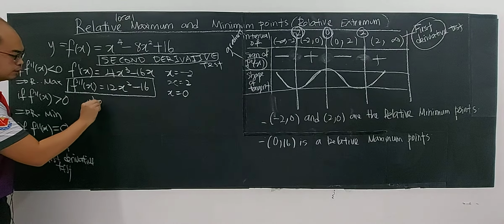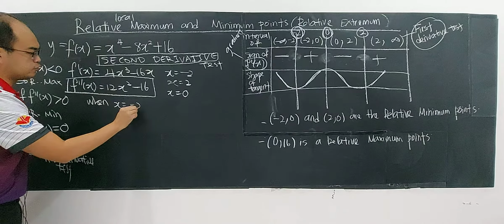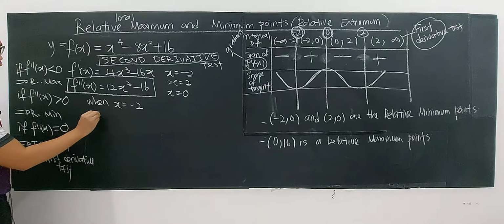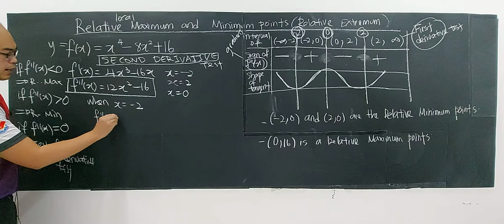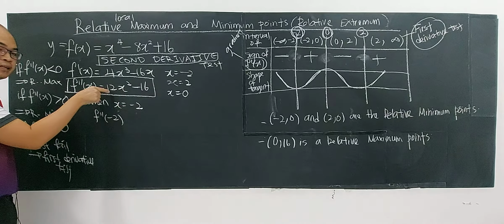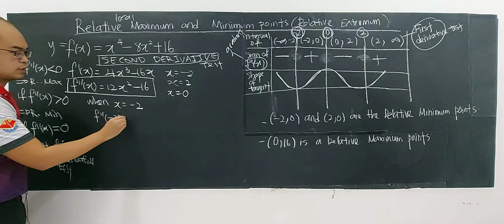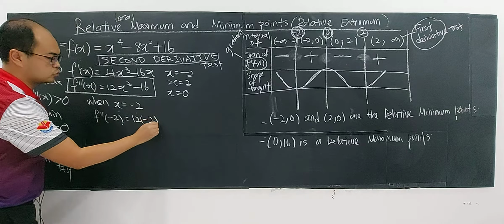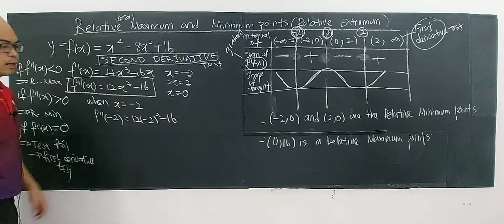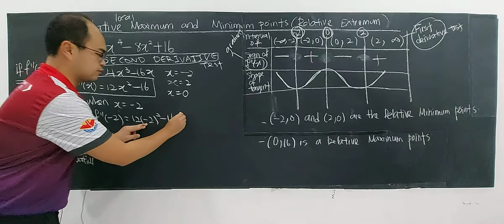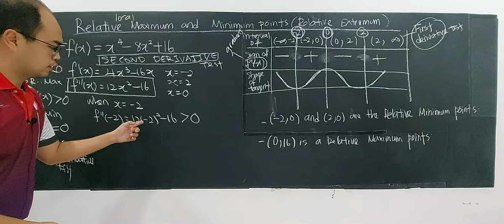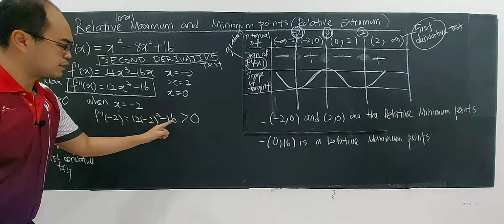When x is negative 2, you have f double prime of negative 2. You put the value into the second derivative, so you have 12 times negative 2 squared minus 16. If you calculate this, you get a positive number: 48 minus 16, positive.